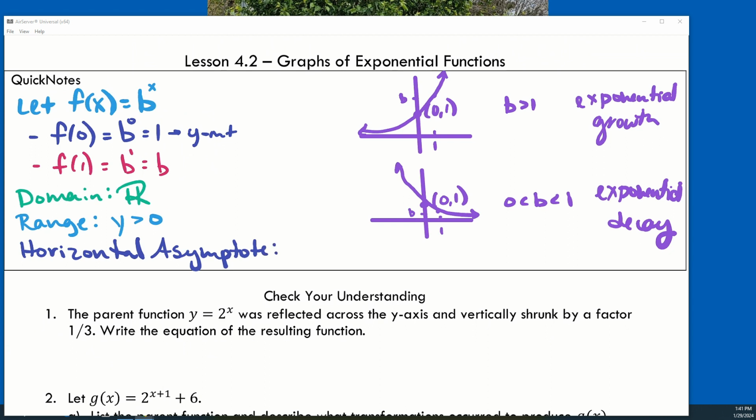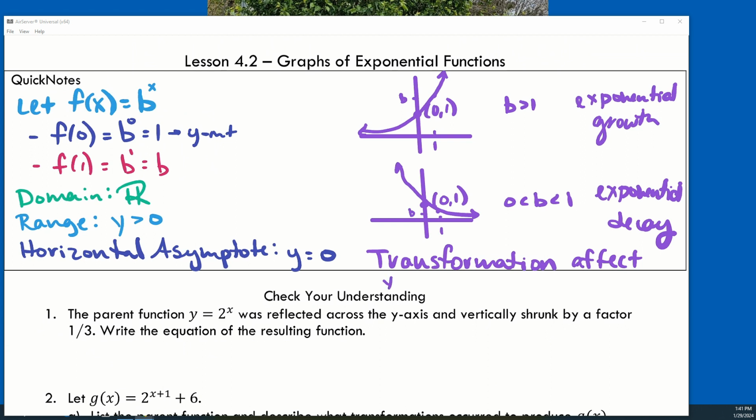And then all exponential functions have a horizontal asymptote. And it really pretty much lines up with whatever the range is. If there's no shifting up or down, then that horizontal asymptote is going to be where y equals 0. And then, of course, transformations affect everything, really.